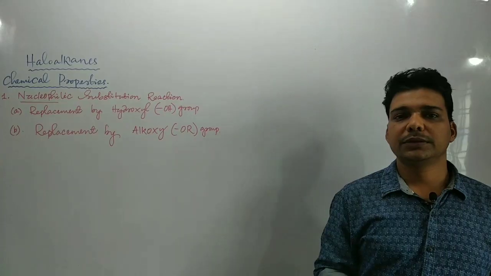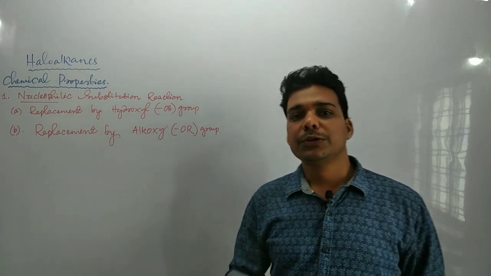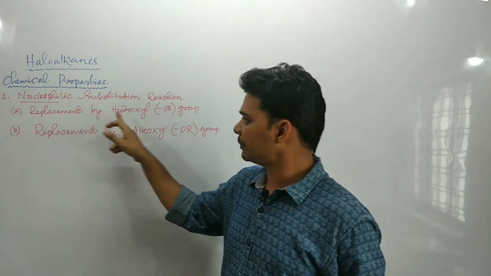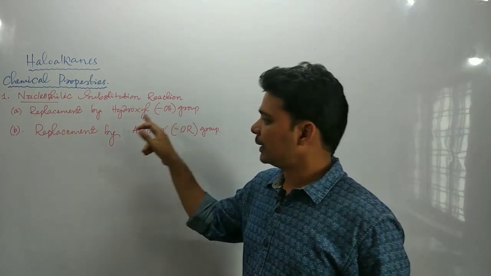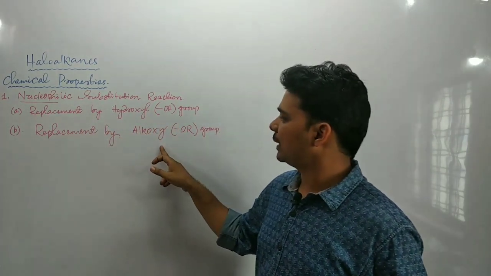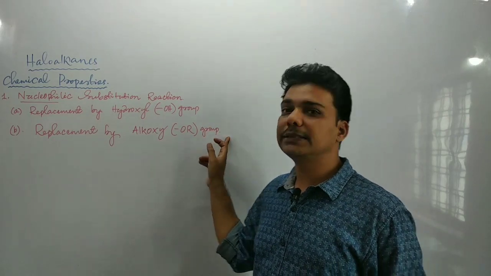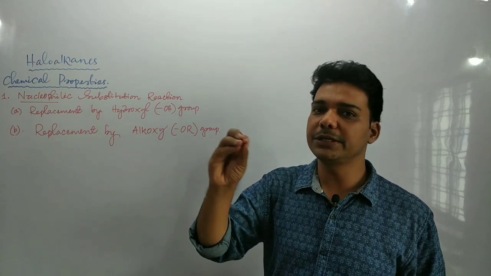So in this way, we discussed two examples of nucleophilic substitution reaction. One is replacement by hydroxyl group, and the second is replacement by alkoxy group. Here alcohol was the product, and here ethers are the nucleophilic substituted product.